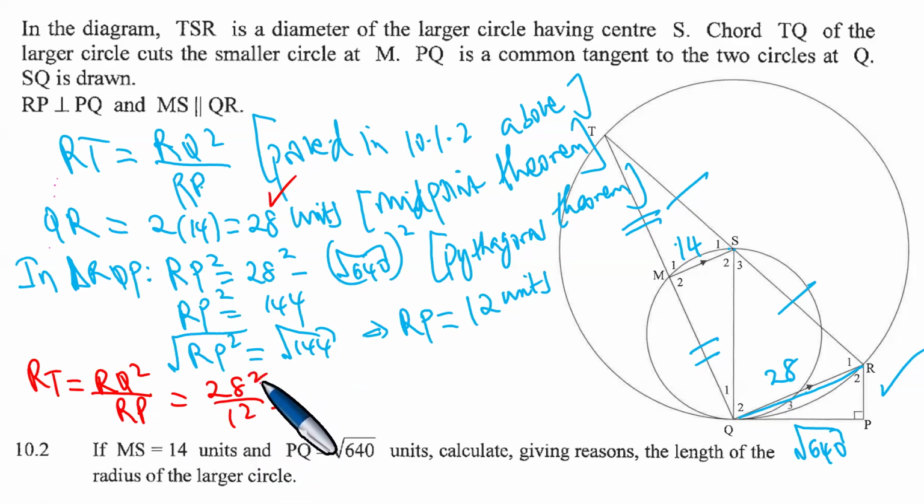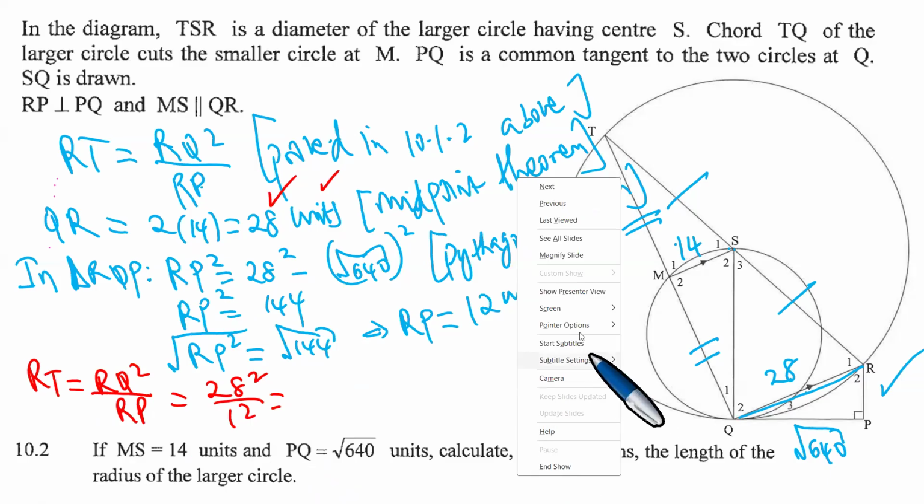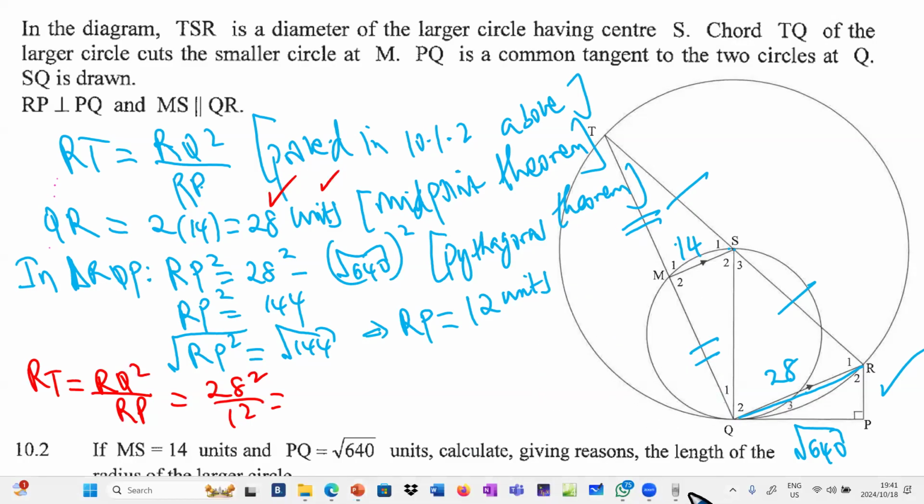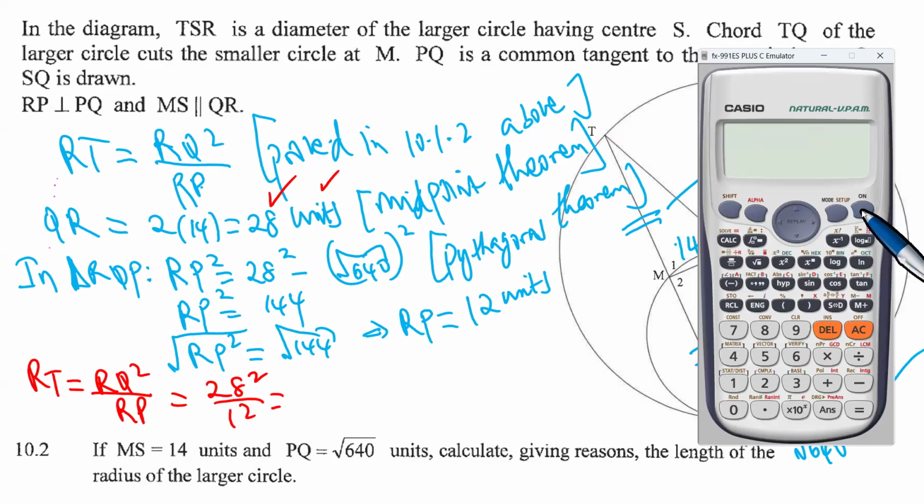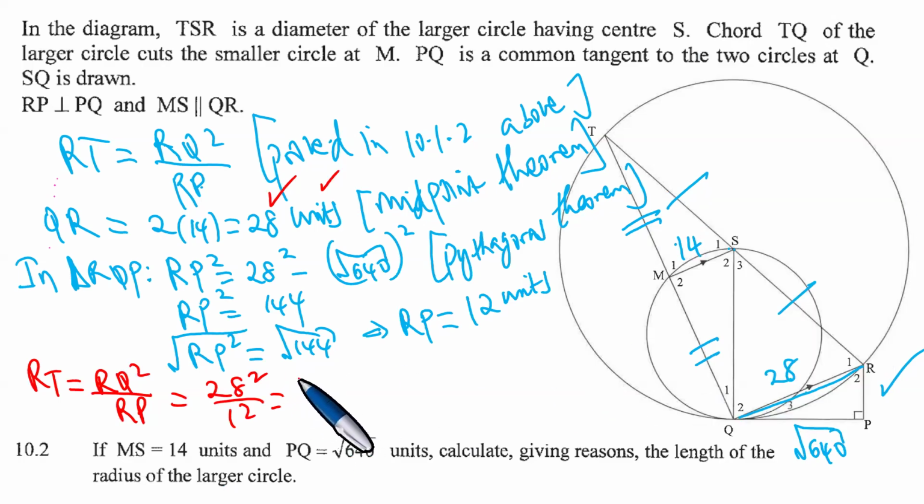Let's launch our calculator and perform some basic arithmetic. 28 squared divided by 12 gives 196 divided by 3, like so.